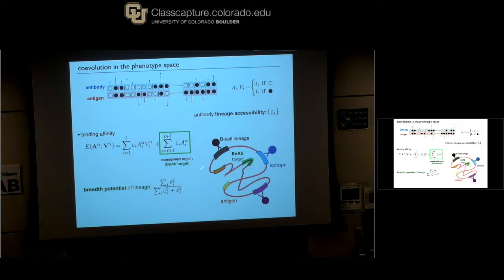So if you think of lineages binding to specific regions, L would be the whole length of the genome. A lot of epsilons are 0, and maybe for this lineage, only the black region is non-zero. That's what you care about for the antibody. If you have an antibody with non-zero epsilon tildes, it means that antibody lineage has the potential to interact with the conserved region.